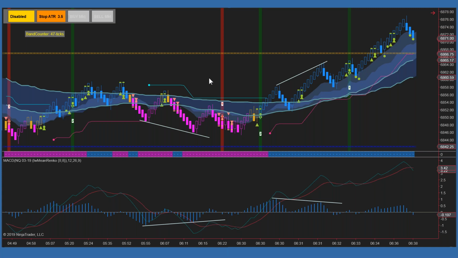That was one of the features of employing the mean Renko bars, is they have a bit of a smoothing effect on indicators because the data is compiled a little bit differently, the bars are presented a little bit differently. It tends to make the indicator a little bit more responsive versus a time-based chart or a tick-based chart. All right, so there's just a little fun fact for you.